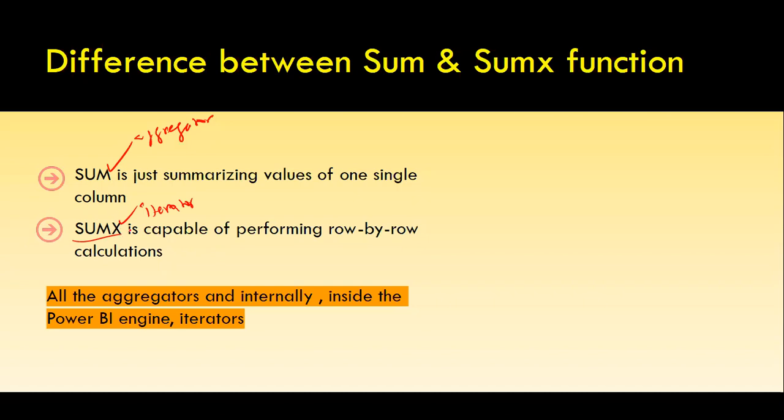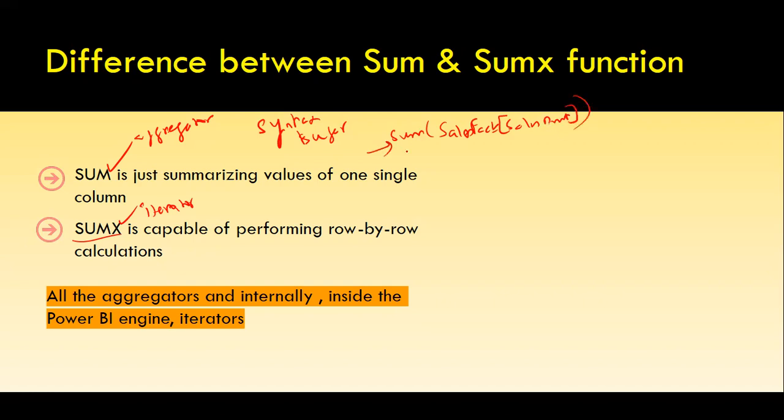It's a very valid question, but the point here is the syntax sugar. You have something called syntax sugar. So, for example, if you want to do sum of sales amount, we have the sales fact table, and in this you have the column sales amount.